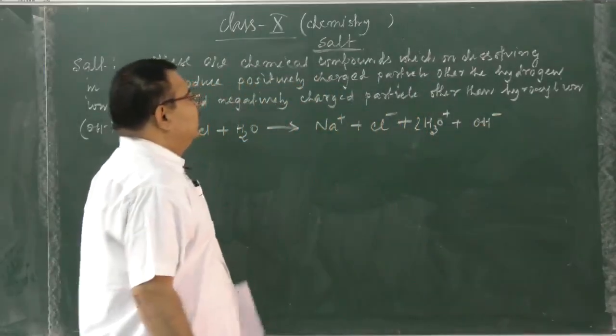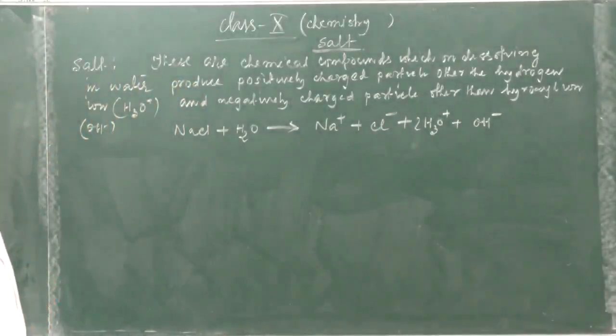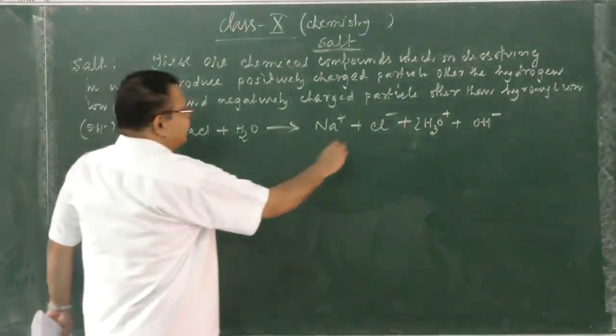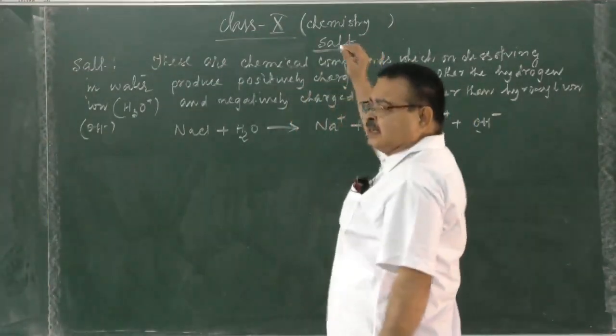So according to the definition, salt produces positively charged particles other than hydrogen ion and negatively charged particles other than hydroxyl ion.